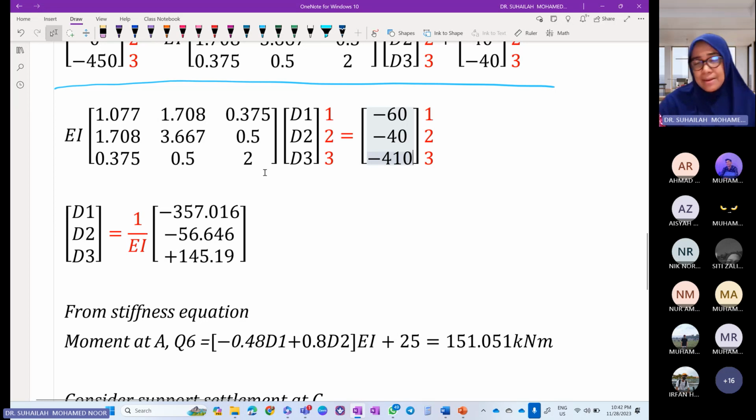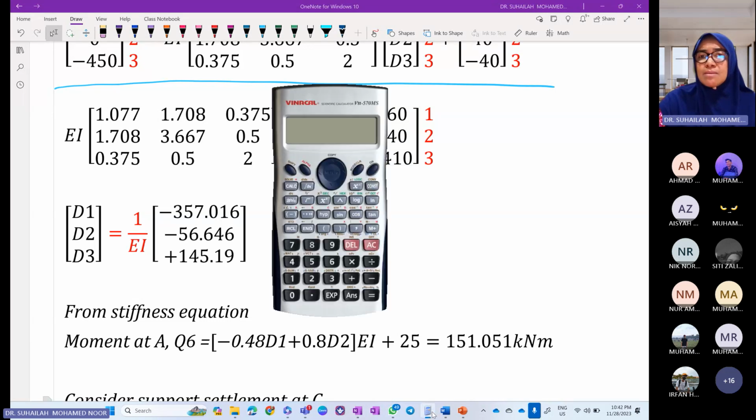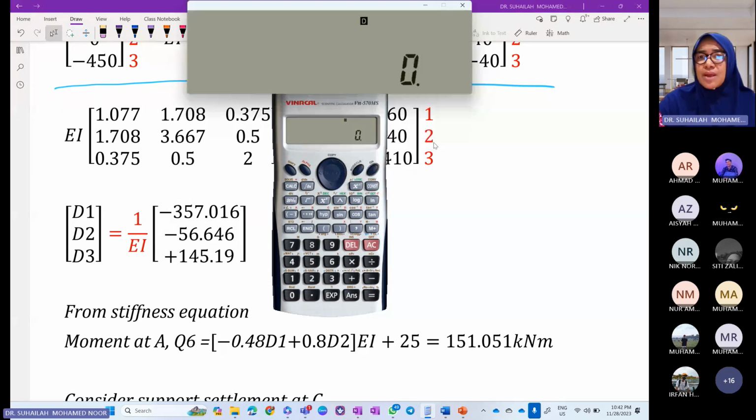So at this point, you do not have to solve this manually using simultaneous equation. This is not mathematics subject. Okay, you just have to solve using whatever tools that you have and just write the answer, that's all. You don't have to do it manually. It will not give you extra mark for doing that.